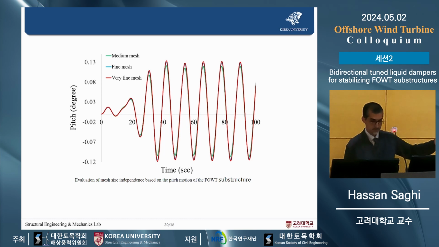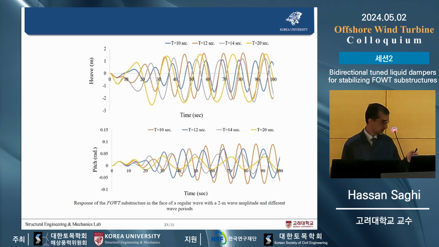And after the mesh size independency, we modeled for different wave periods. As you can see in this figure, for example, here is 10, 12, 14, and 20 seconds. These are the wave periods.